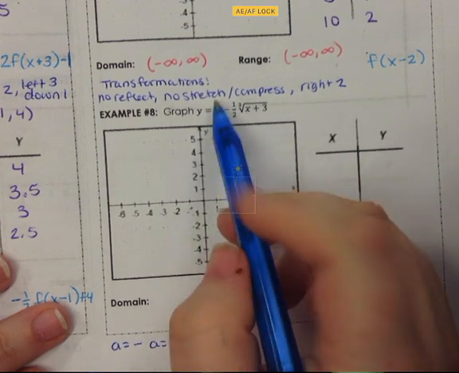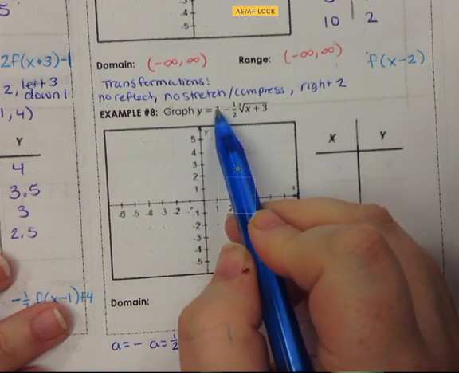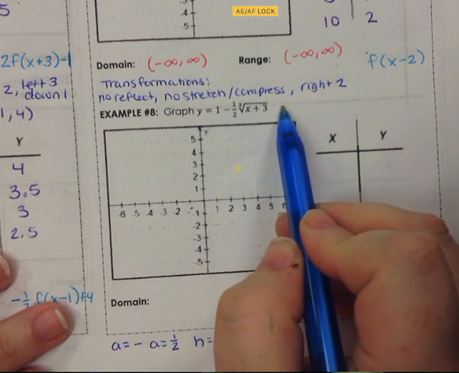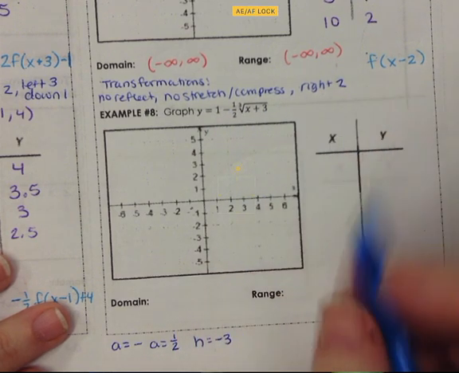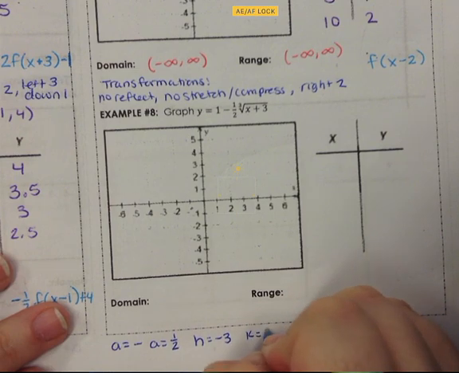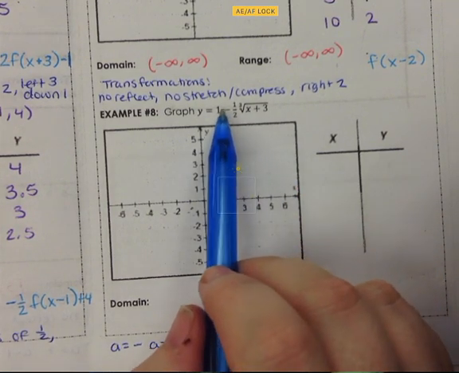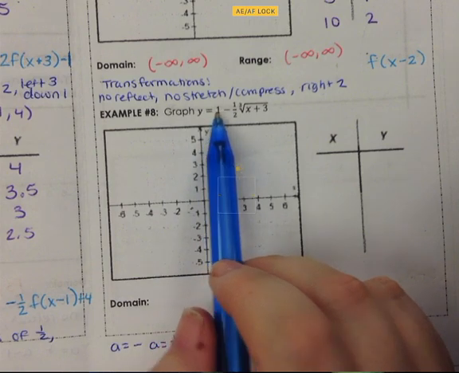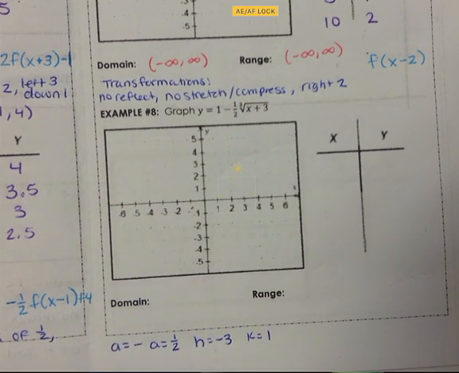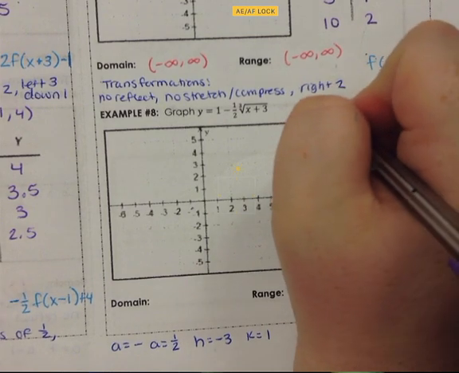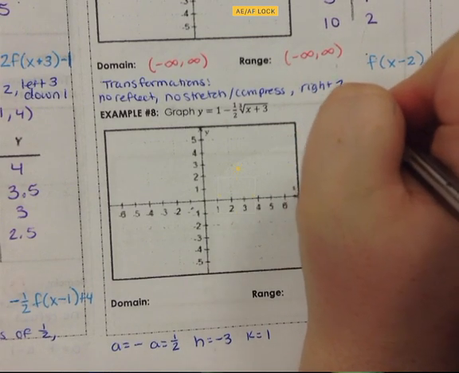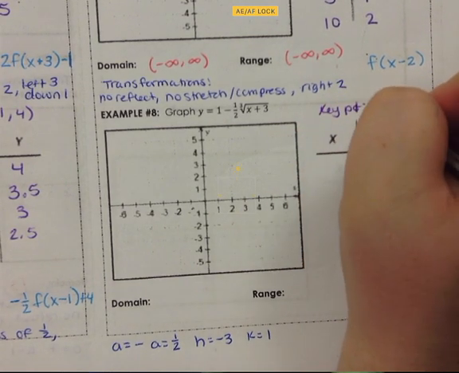So the only thing left is that positive 1. That positive 1 is technically added to the other side. You could write that as +1 out here. So our k is technically equal to a 1. So when you see this, be careful about knowing what number that actually represents. So our key point in this one is actually at -3, 1.